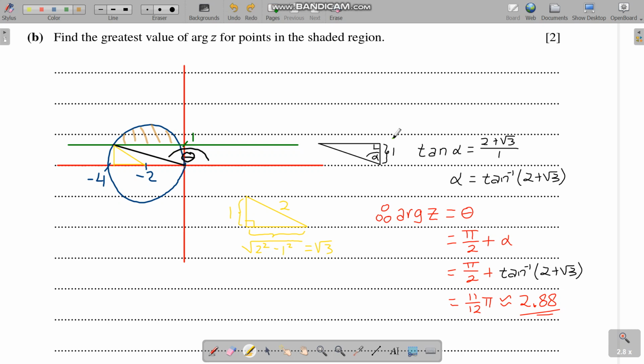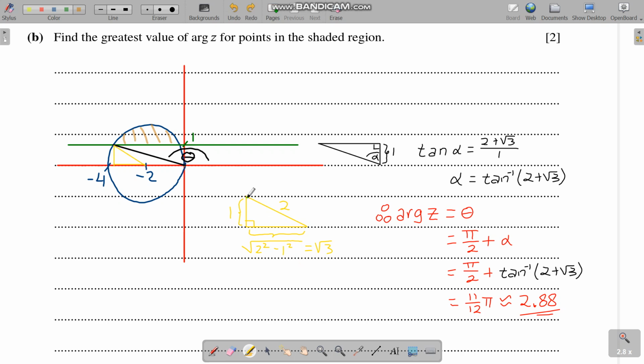We already know this distance is 1. Tangent alpha is therefore, well, we need to use this yellow triangle first. Just focus on this yellow triangle. This distance is 1, and this is the radius of the circle, which is 2.